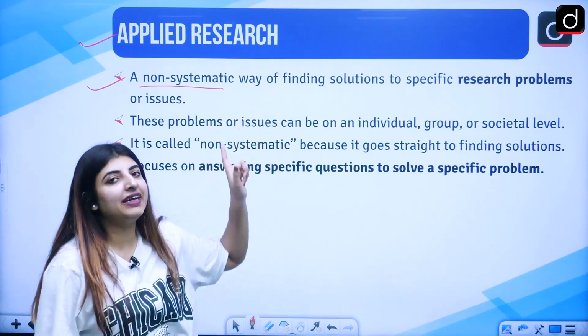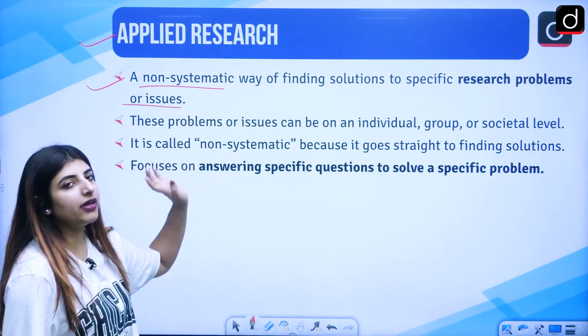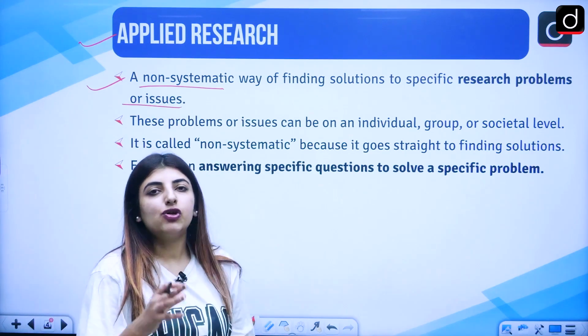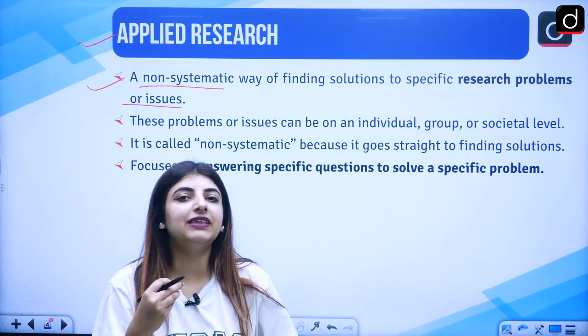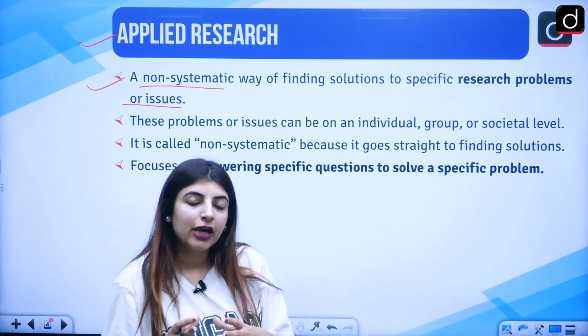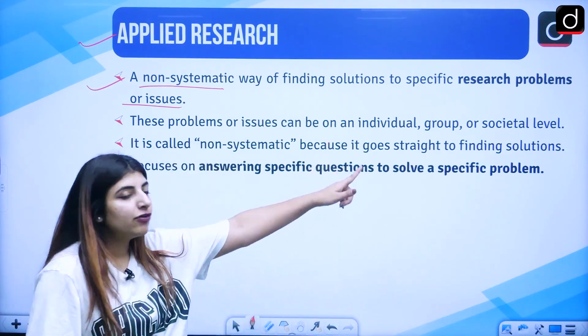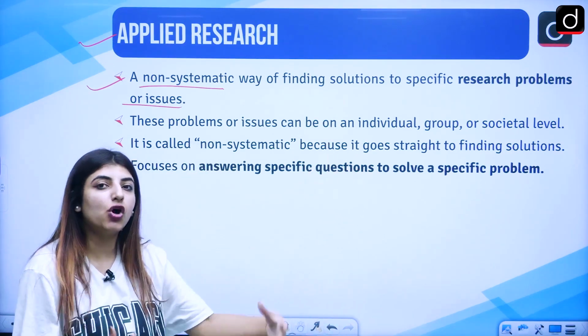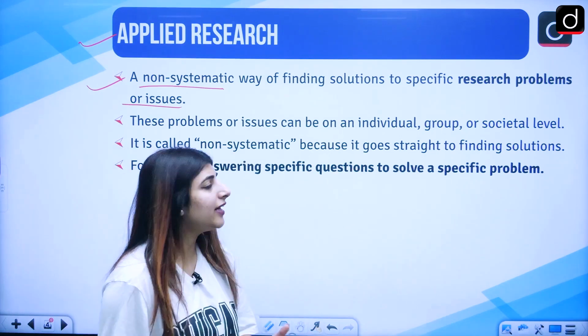Non-systematic way of finding solutions to specific research problems or issues, right? So when we talk about applied research, the name itself is telling us that yes, you need the application of something on the research problem to solve the research problem or the issues which are there, correct?